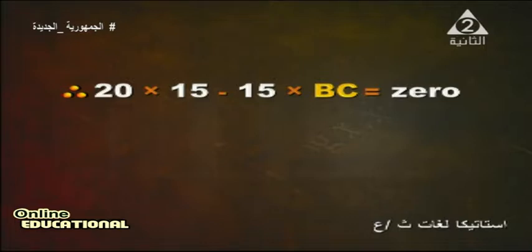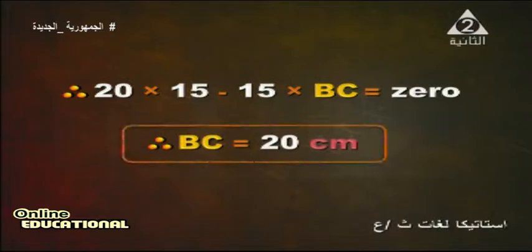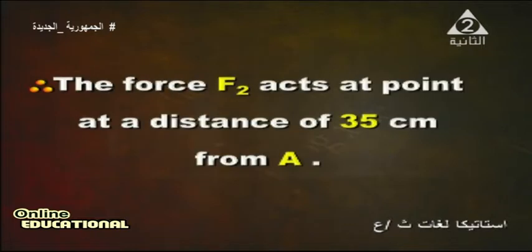Then force times distance: 20 times 15 minus 15 times BC must equal 0. By this theorem, we find BC equals 20 centimeters. The force F2 acts at a point at a distance of 35 centimeters from point A.